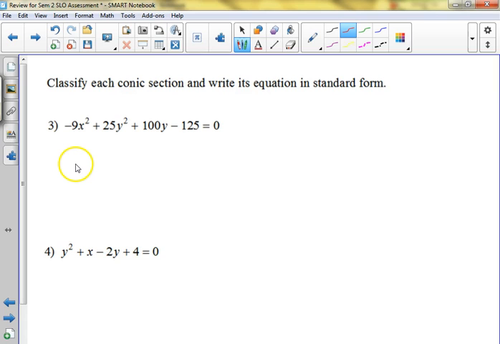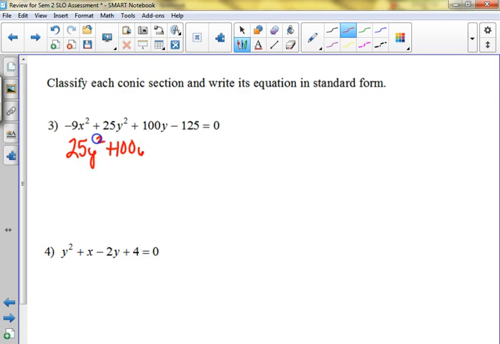Why do you think not a circle? Those don't have the same coefficient, right? So it's stretched differently in different directions. And it's a minus on one of them, right? So I think hyperbola.